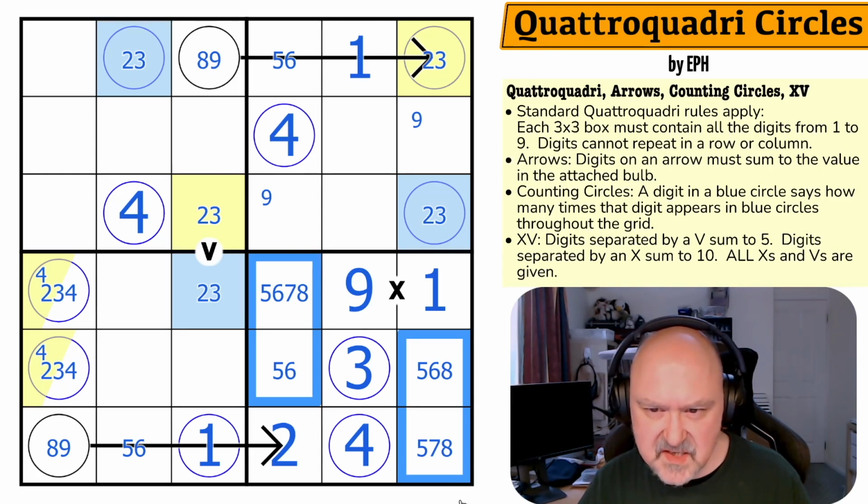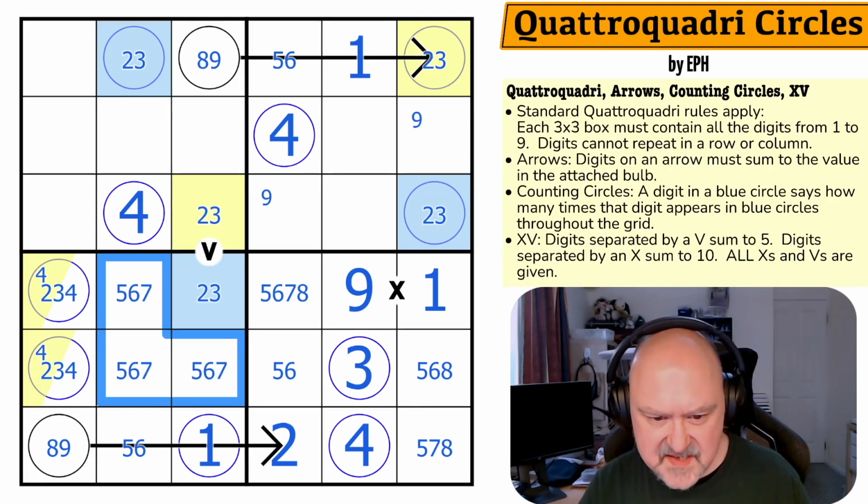It doesn't seem particularly useful, does it? 1, 2, 3, 4, 5, 6, 7, 8, 9 goes into there.